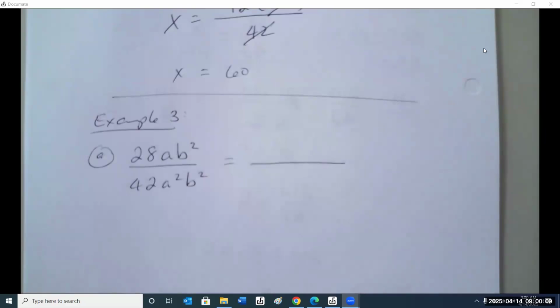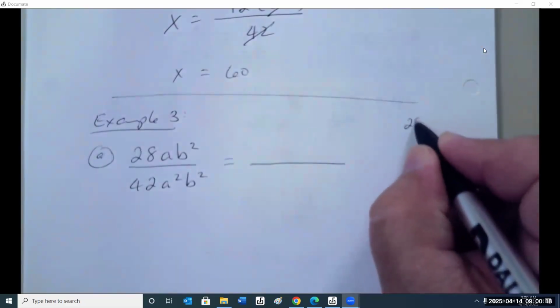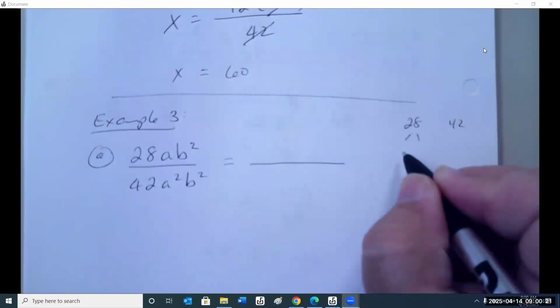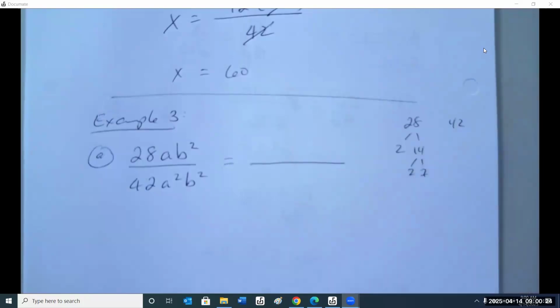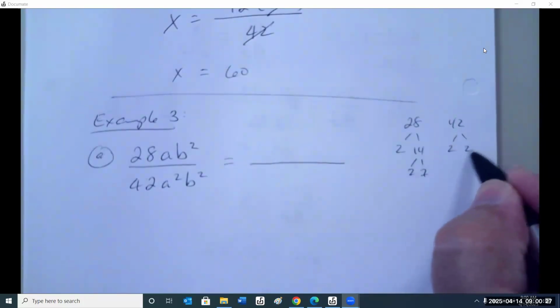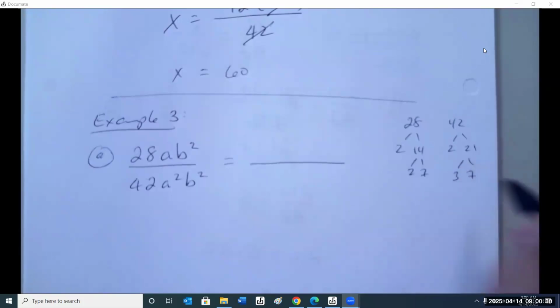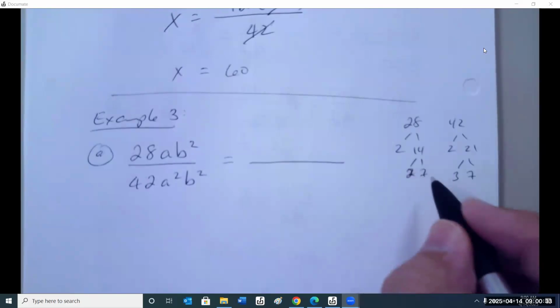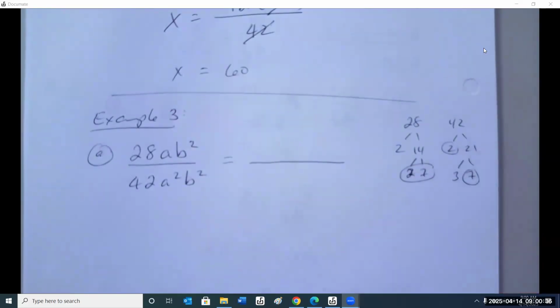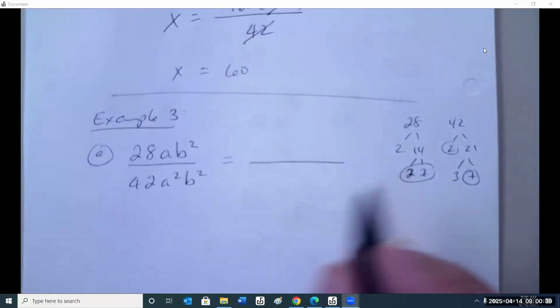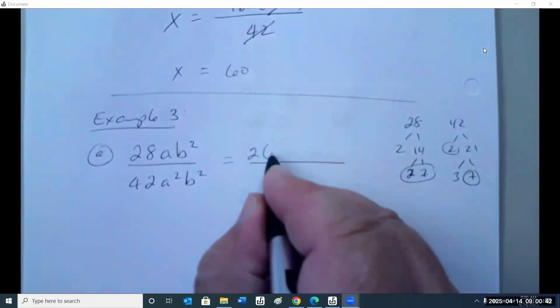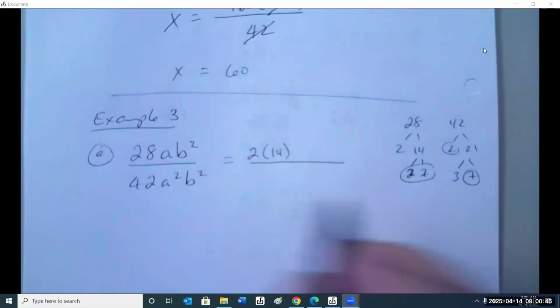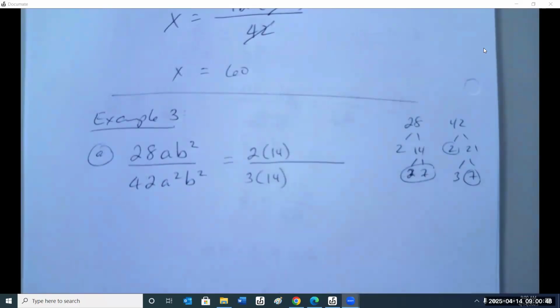What do 28 and 42 have in common? Well, for sure, 2. Yes, so we have 28 and 42. 28 is 2 times 14, which is 2 times 7. 42 is 2 times 21, which is 3 times 7. So they both have 2 times 7 in common, which means we have 2 times 14 on top and 3 times 14 on the bottom.